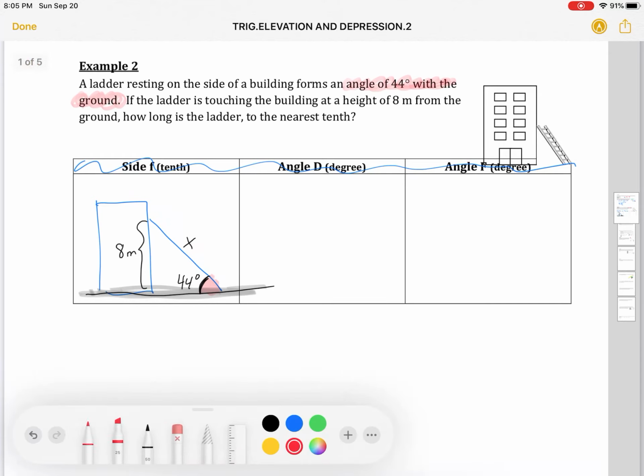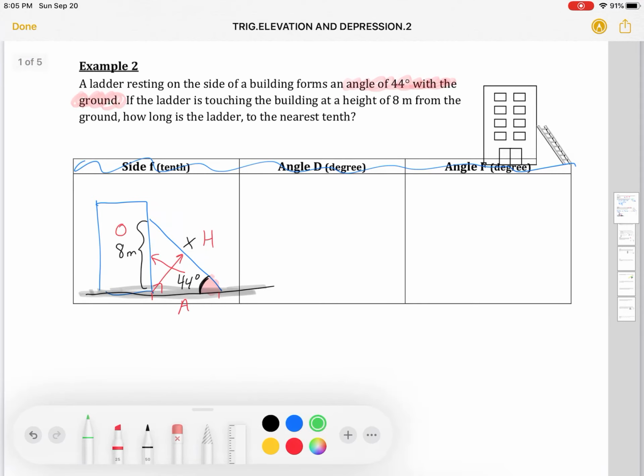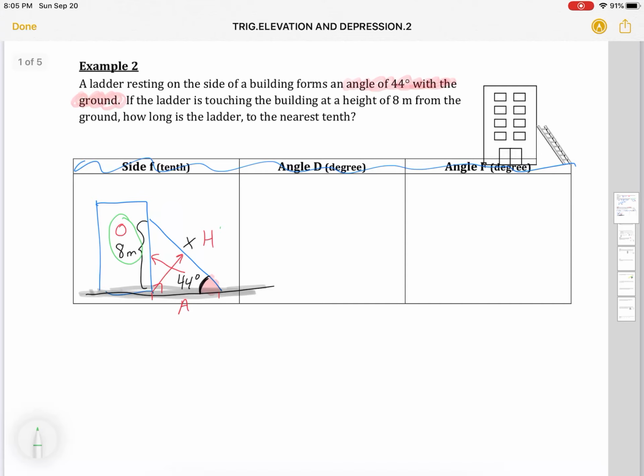So let's do our labeling. Our angle of interest is the 44 degrees. This is our hypotenuse, and our 8 meters is our opposite. If we wanted to know how far away from the building it was, that would be our adjacent.